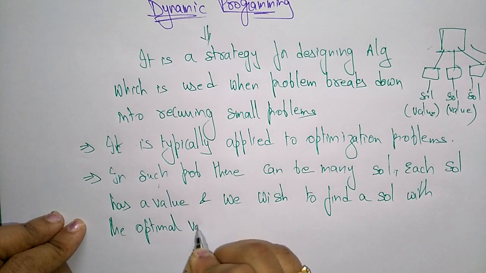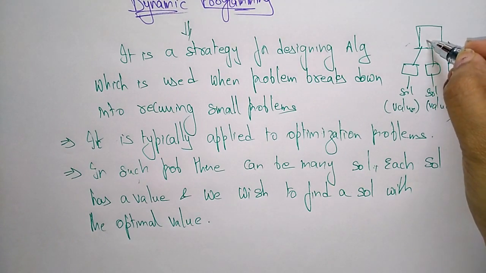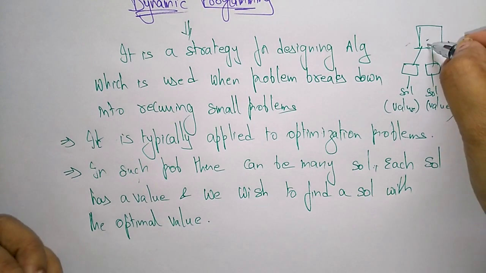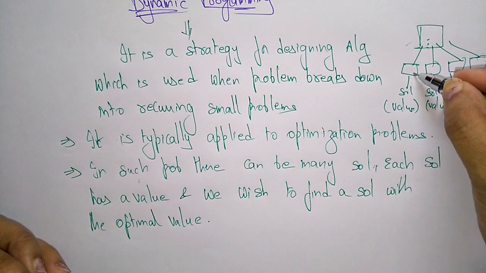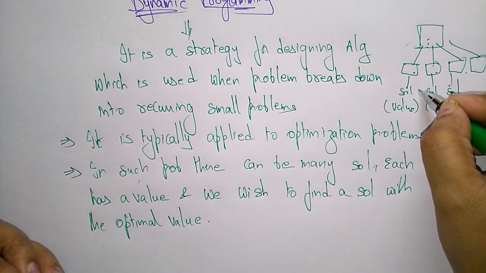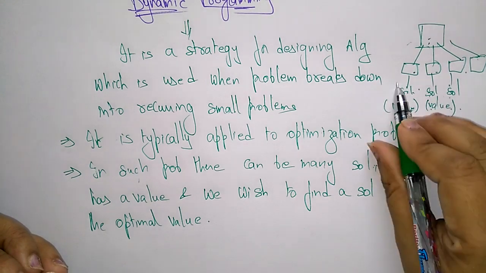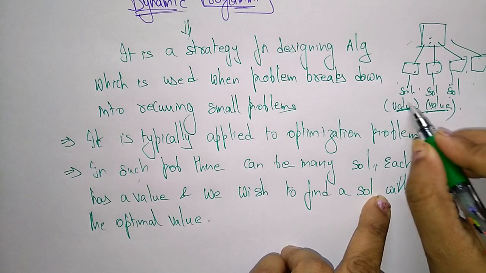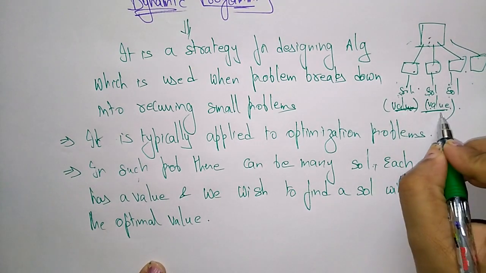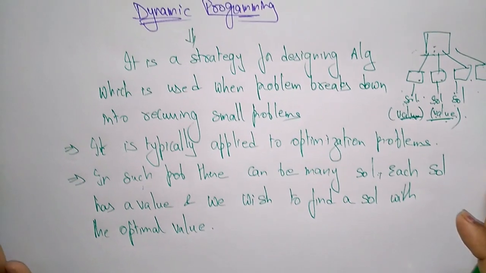So the approach dynamic programming follows is to take the main problem and break it into smaller recurring problems. For each problem you get some solution, and each solution has a value. We have to find a solution with the optimal value, which contains the minimum value, and take that. This is the approach dynamic programming follows.